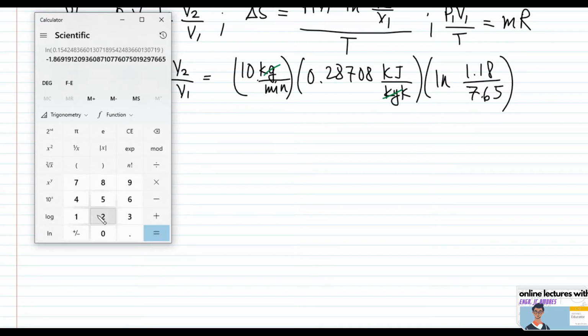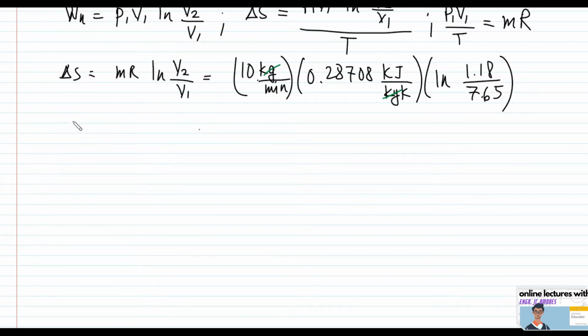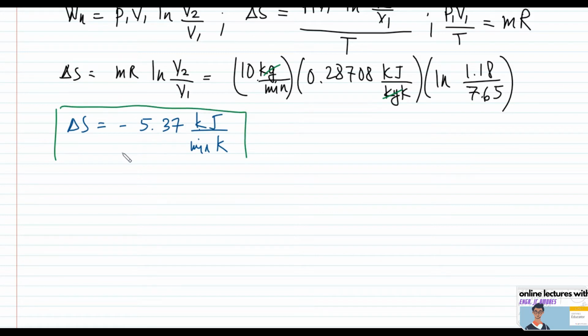Then the natural logarithm of that ratio times 0.28708, then times 10. So you have negative 5.36, or let's just say negative 5.37. So delta S is negative 5.37 kilojoule per minute Kelvin. So that is your change of entropy.